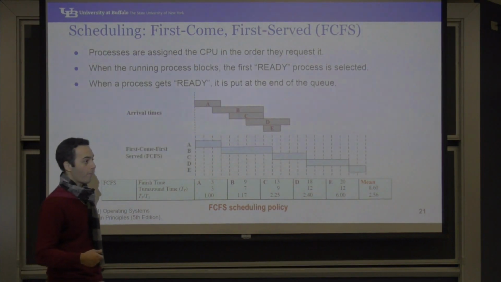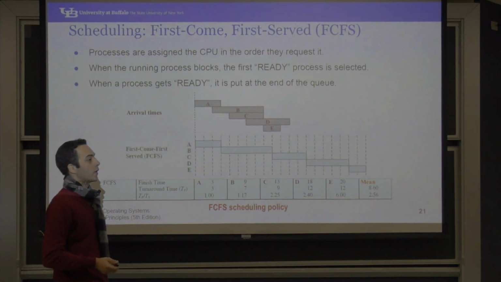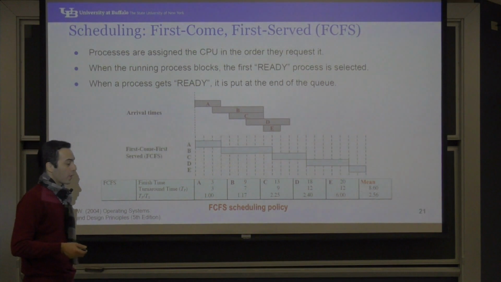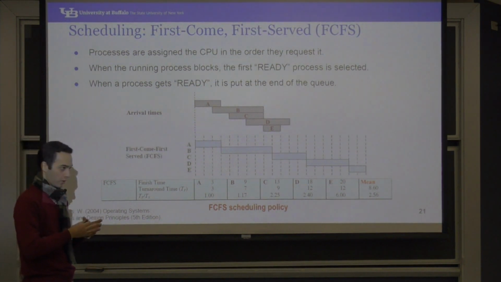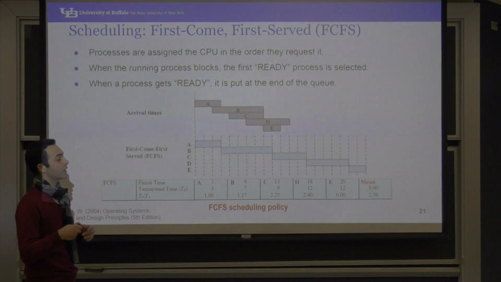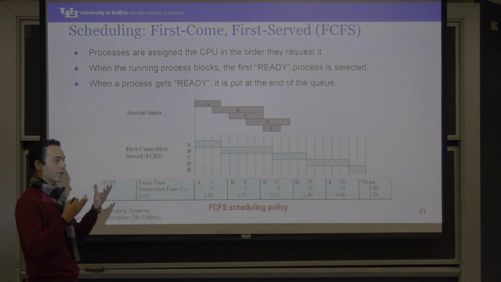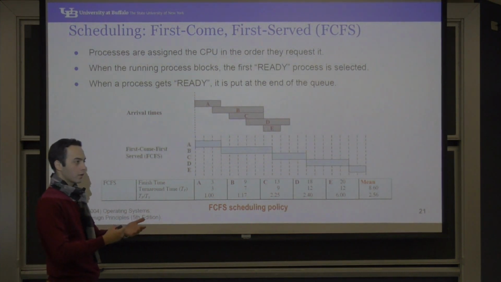Yes? What happens if there are dependencies between the processes? We're going to talk about them. Each of these are basically chunks of the processes that are ready to run. If a process is not ready to run, it's not in the ready list. So it goes back to a waiting queue, and then once it becomes ready, then we figure out for how long you want to run, right?